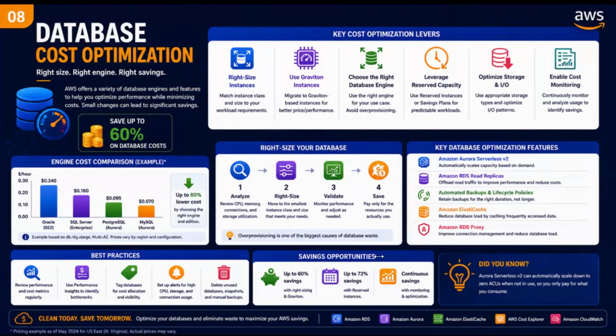AWS offers a variety of database instances and features to help optimize performance and minimize cost, and small changes can mean significant savings. So, engine cost comparison: the same database instance type, like db.m6g.xlarge, but different engines like Oracle, SQL Server, PostgreSQL, and MySQL.